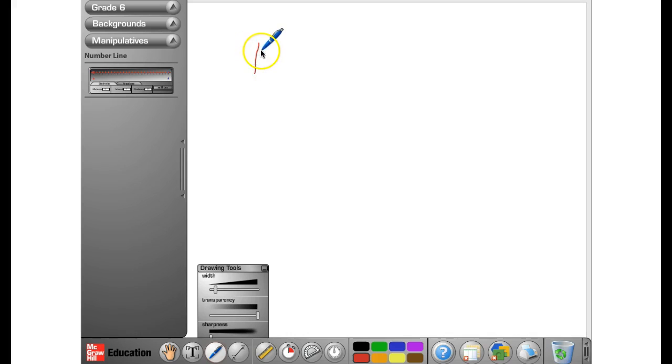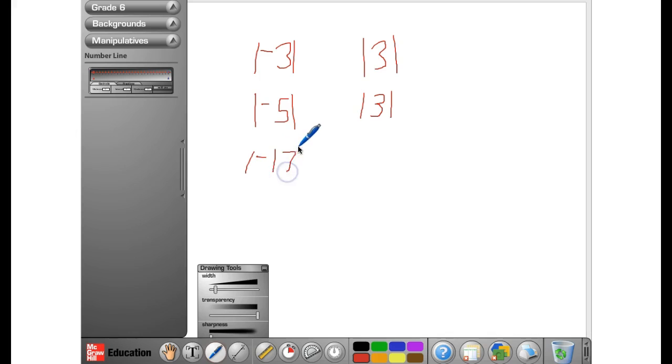So here I have absolute value of -3, and then I'm going to put over here absolute value of 3, and then I'm going to have the absolute value of -5, and then I'm going to have the absolute value of 3 over here. And then I'm going to have absolute value of -17. I'm going to compare that with absolute value of just 18.